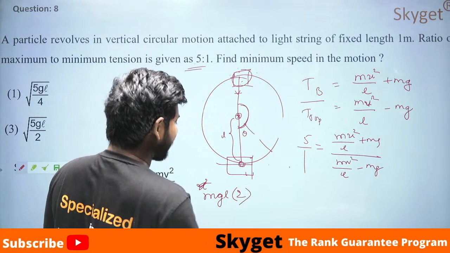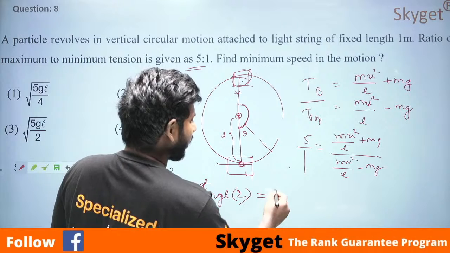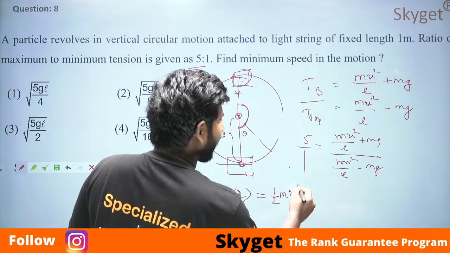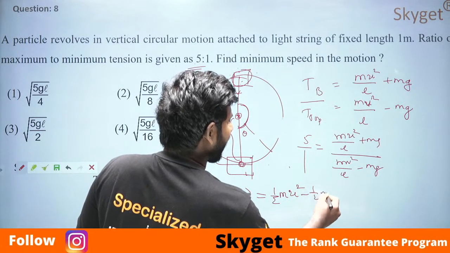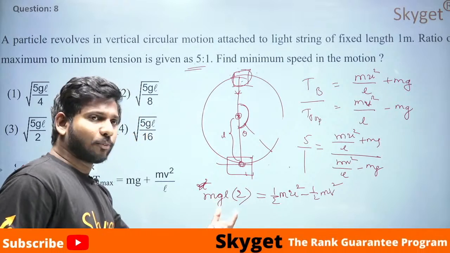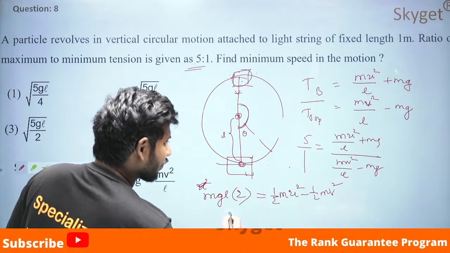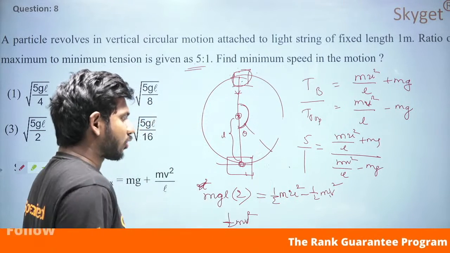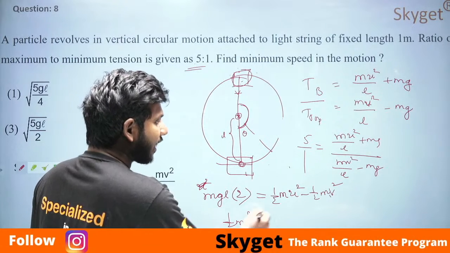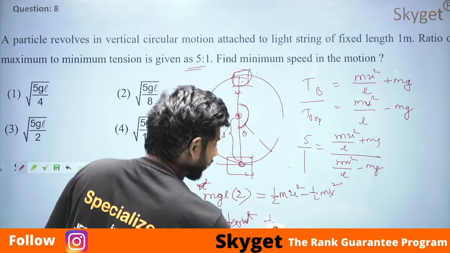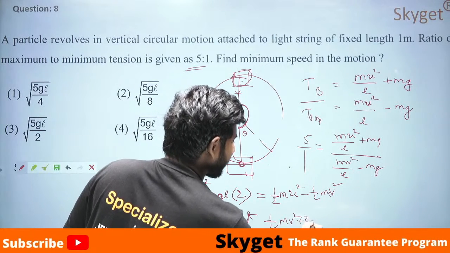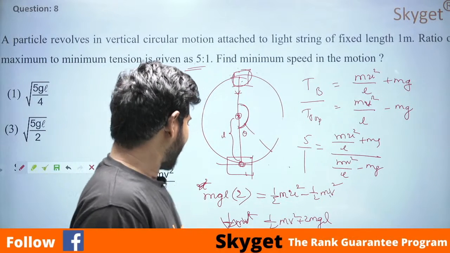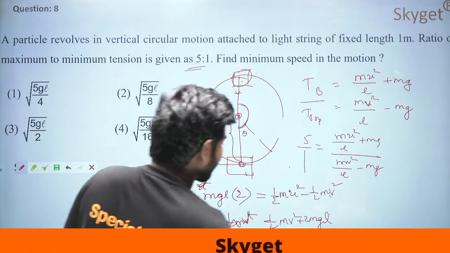So mgL into 2 is equal to half mu square minus half mv square. This is the gain in potential equal to the loss in kinetic energy. Since I want v square, I want to eliminate u square. So half mu square is equal to half mv square plus 2mgL. Now substitute this.